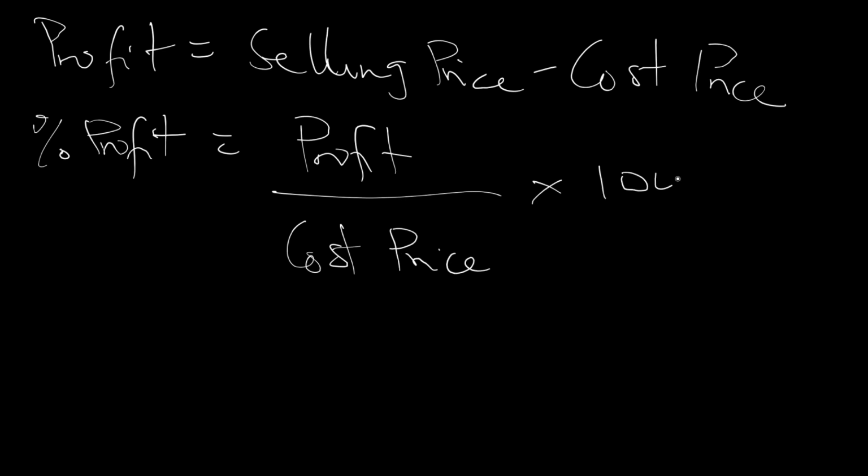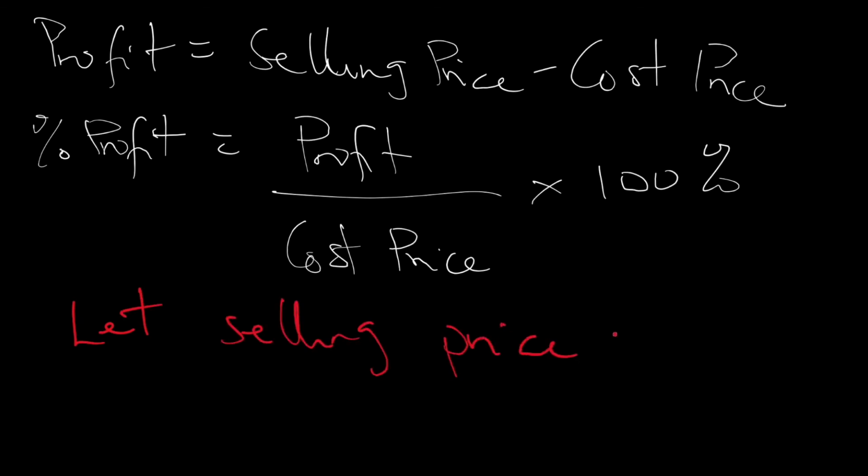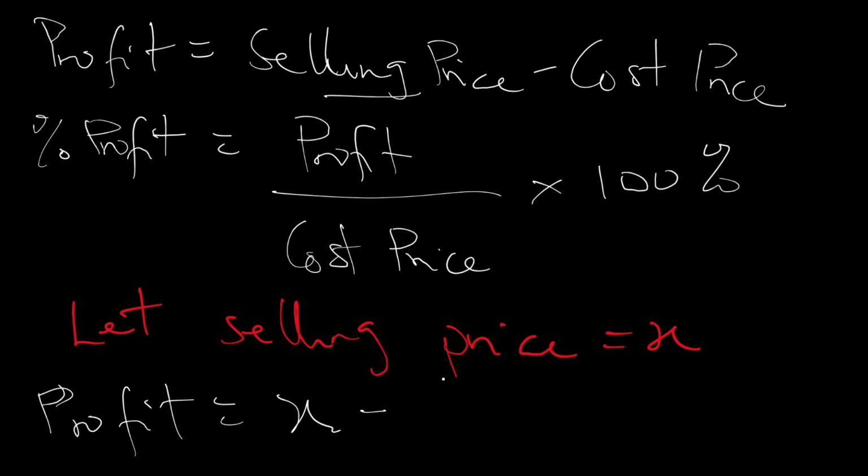times 100%. Now from the question, we don't know the selling price, so let selling price be equal to X. So our profit becomes selling price, which is X, minus our cost price, which is 300 naira.